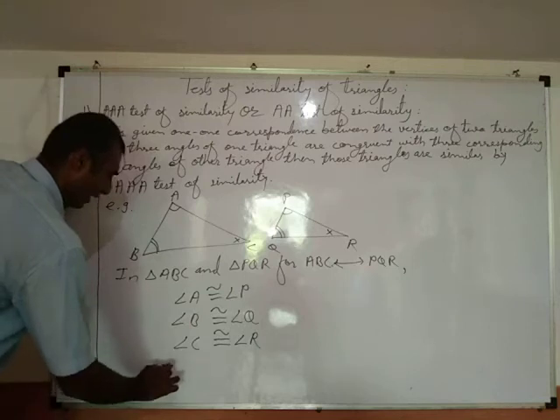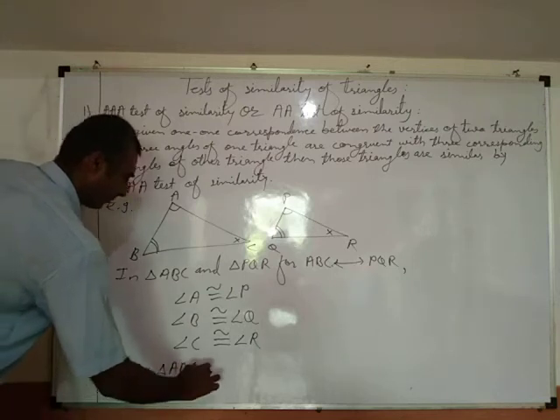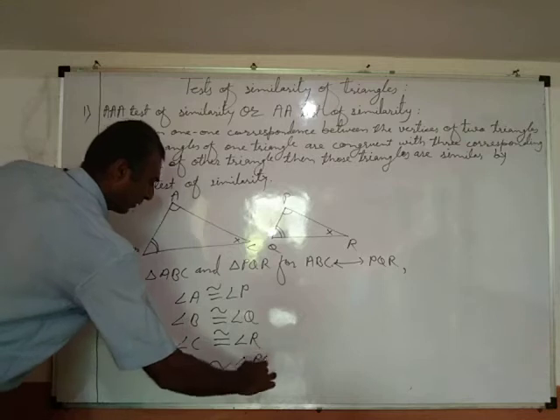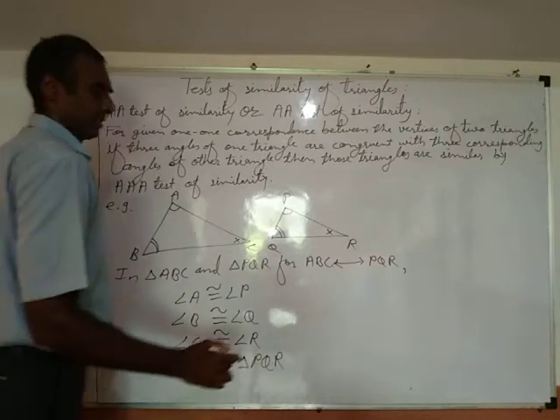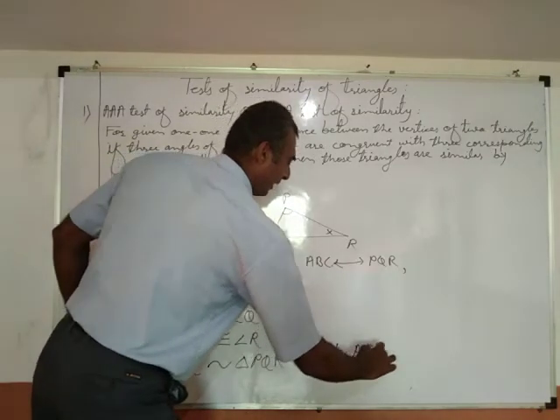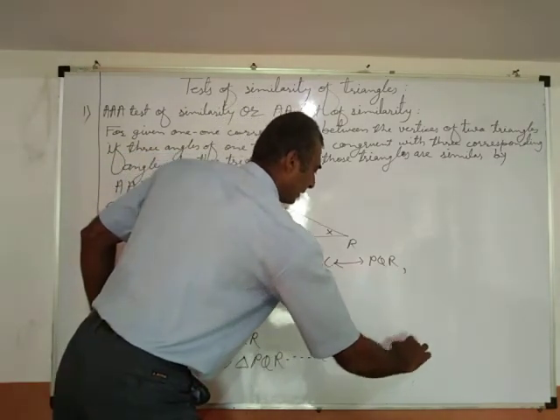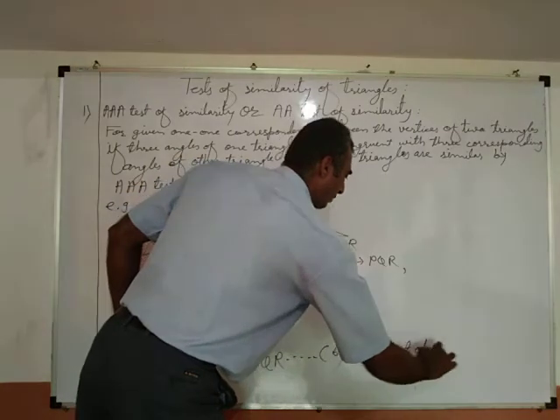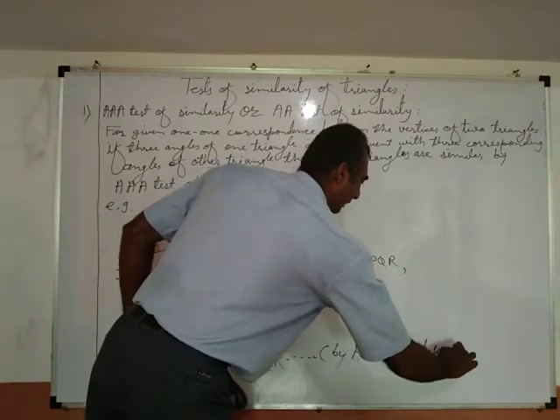Therefore, those triangles, triangle ABC similar to triangle PQR, those triangles are similar by AAA test of similarity.